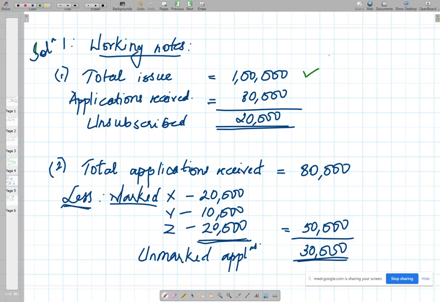Am I right? And the public applied for 80,000 shares. Applications were received. The undersubscribed portion of the shares was 20,000. Now whose liability is 20,000? This has to be taken by X, Y, Z. Whatever the public doesn't take, underwriters have to take. So 20,000 is the liability of X, Y and Z.